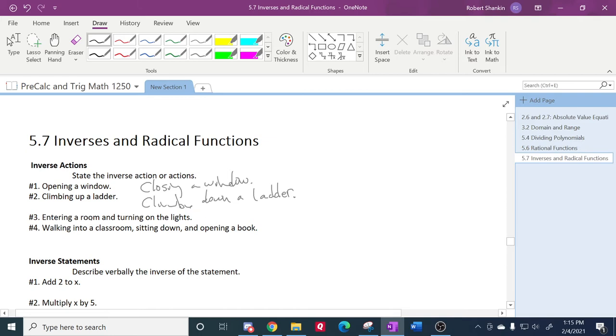All right, now notice what we have here. You didn't just invert each action. You also turned the order around. You said turning off lights and then exiting. How come you changed the order around?